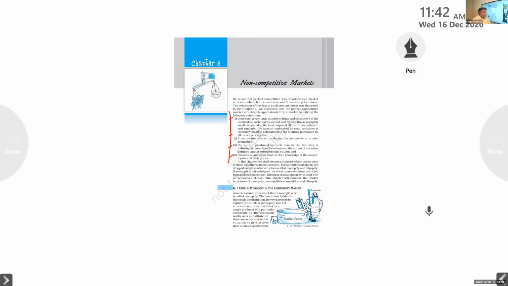An individual firm or consumer is unable to make changes in the market condition. The output sold by each firm is negligibly small compared to the total output of all the firms combined, and similarly, the amount purchased by each consumer is extremely small in comparison to the quantity purchased by all consumers together.